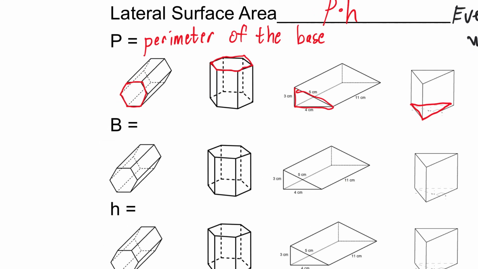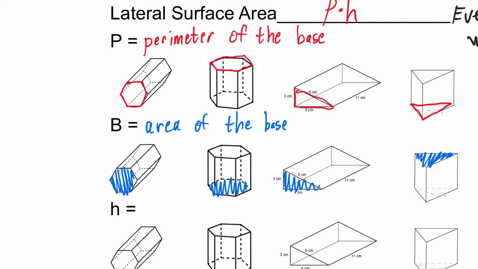What does the capital B stand for? It stands for area of the base. So we'd be looking for the area there, there, there, and there.